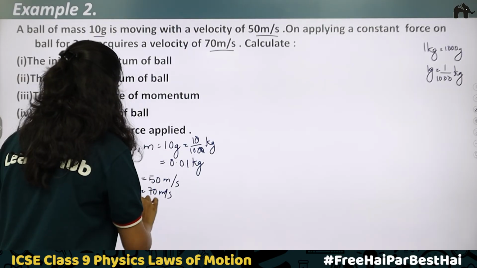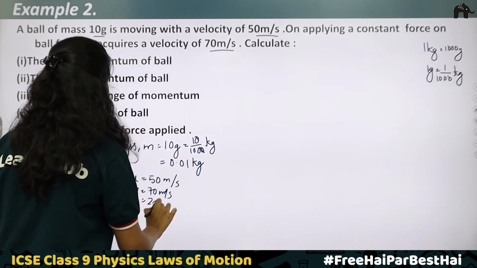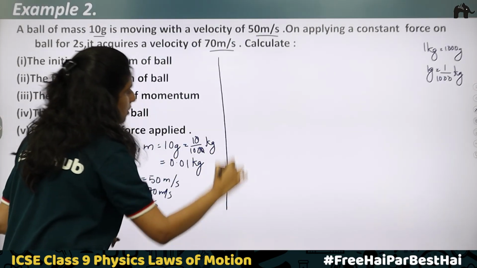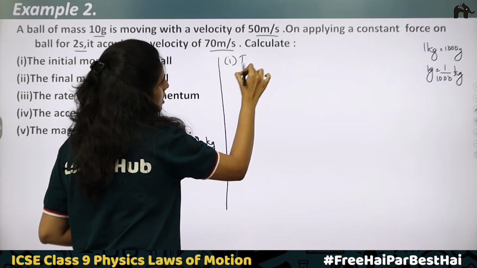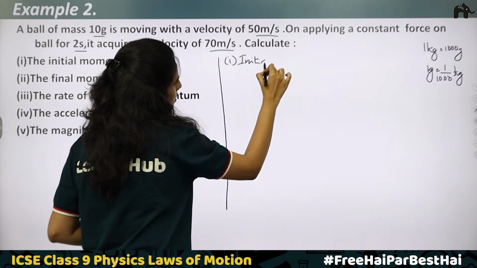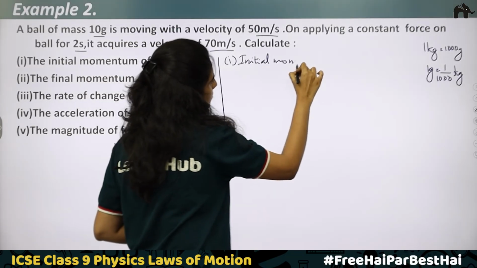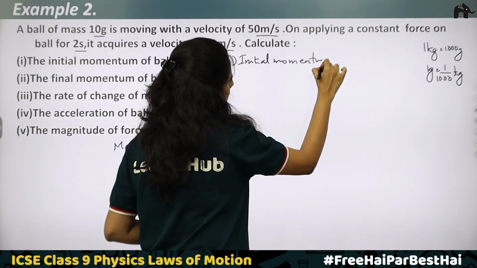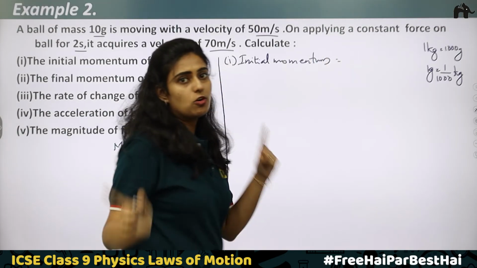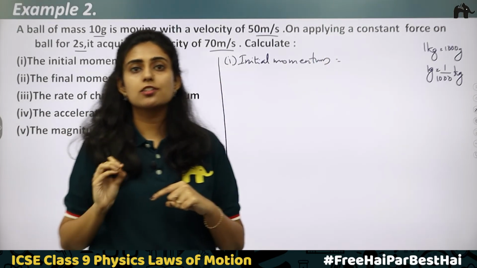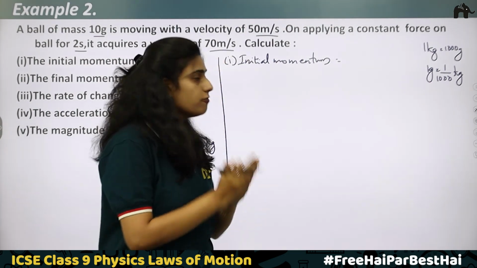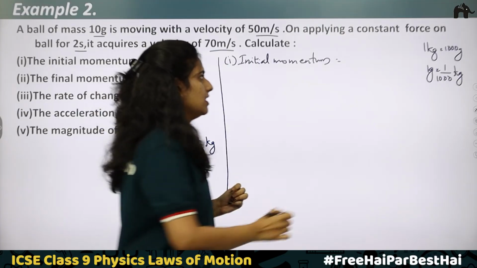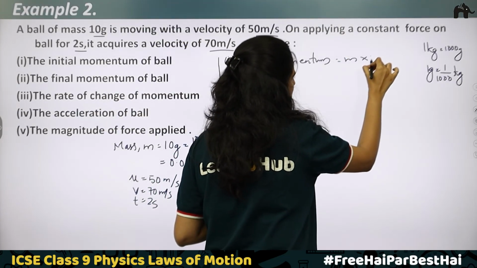And we are given time t is equal to 2 seconds. Okay. So, first part of the question, we have to find the initial momentum. Initial momentum will be equal to, what is momentum? Momentum is the product of mass and velocity. To get initial momentum, product of mass and initial velocity, m into u.